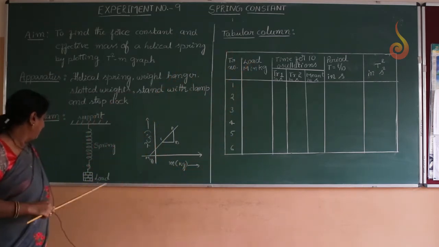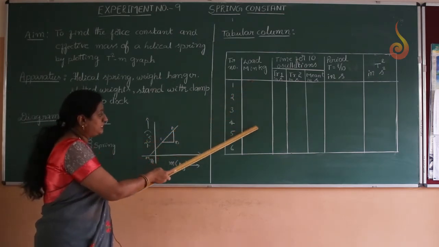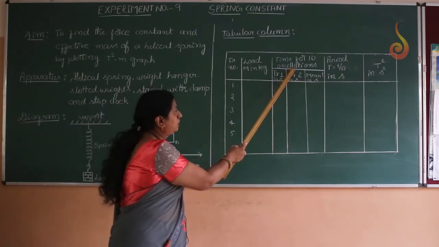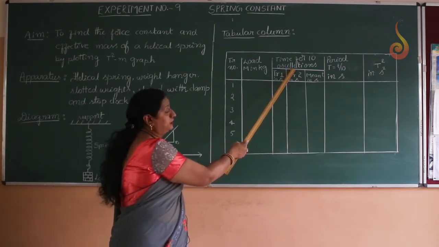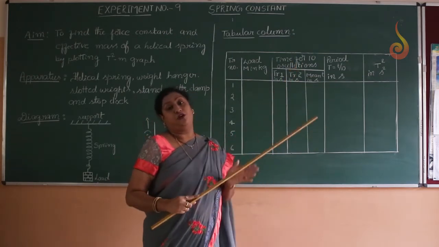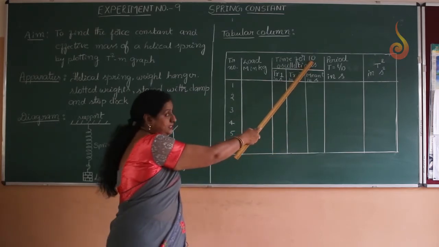What we are going to attach here, we are going to increase the load step by step, and we are going to record the time taken for oscillations. And how many oscillations? For 10 oscillations.